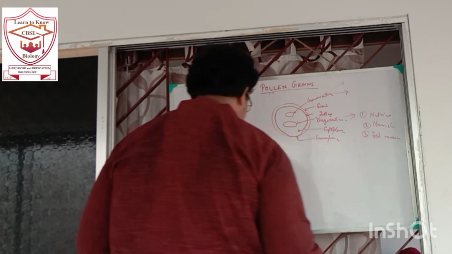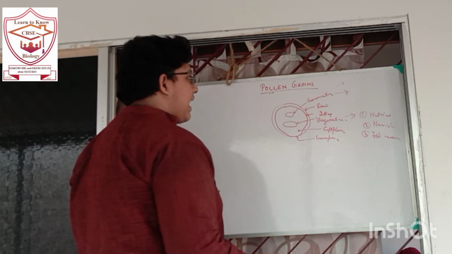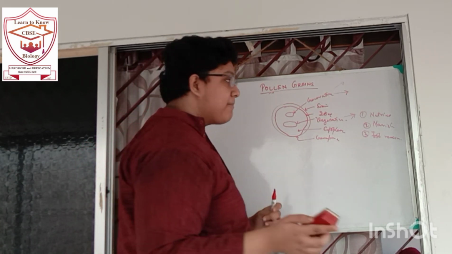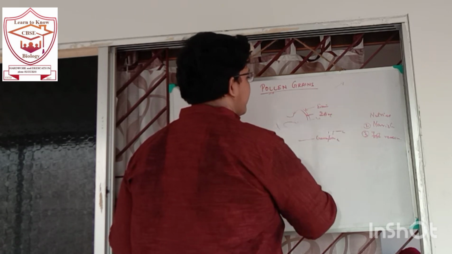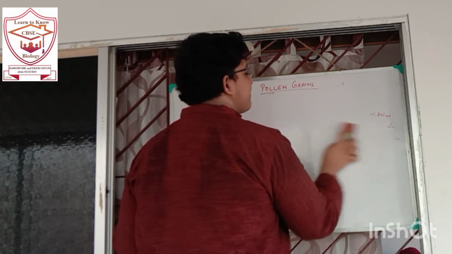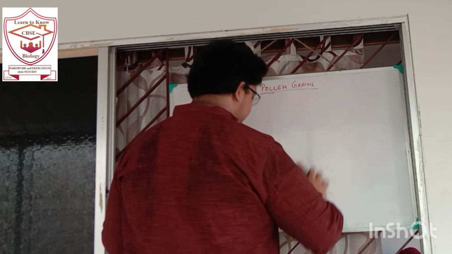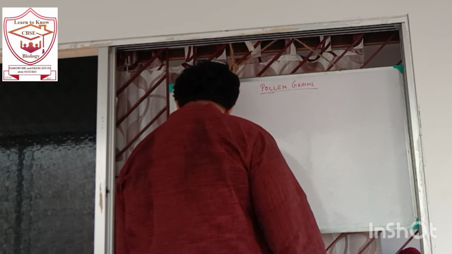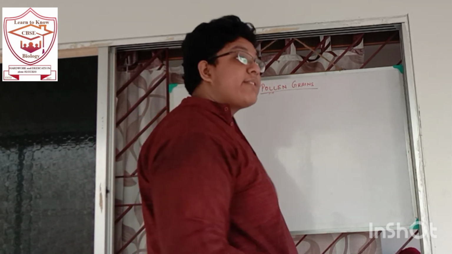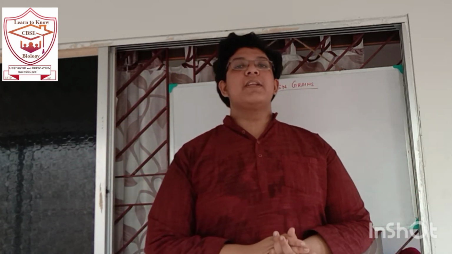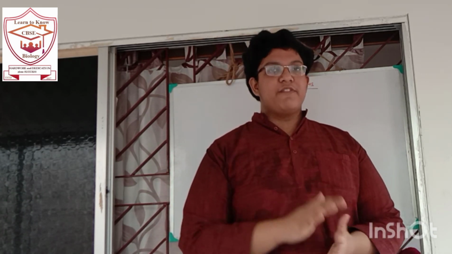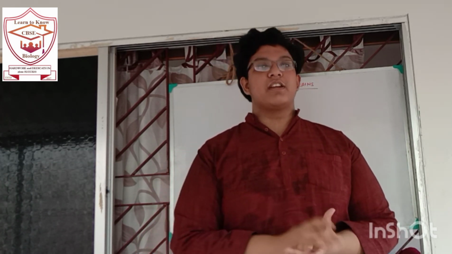Now, there are some characteristics and some importance of pollen grain. Number 1, as we all know, it helps in recombination. Number 2, it is a unit of male reproduction in flowering plants. Number 3, it is rich in nutrients, so often pollen grain tablets are taken as dietary supplements. Number 4, the pollen grain can remain dormant for a certain period of time.